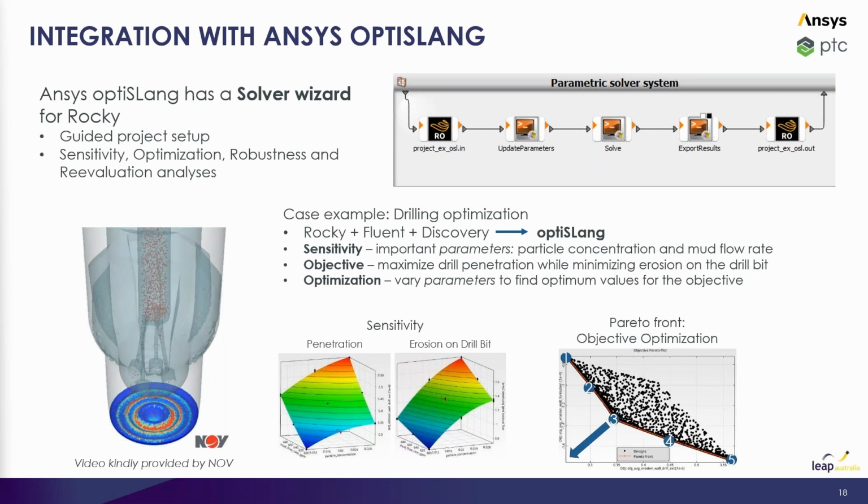And then they wanted to find the optimal configuration, which will be conducive to the minimization of wear and the maximization of penetration, which they were able to essentially achieve, and we'll soon see how something like this problem can be tackled with OptiSLang.